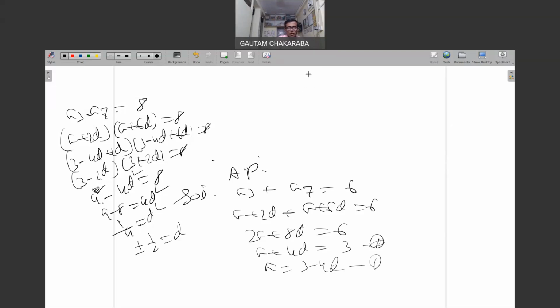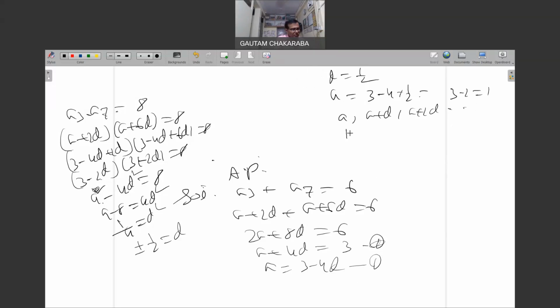Okay. Now case 1, when D is equal to positive half, put in the equation: A is equal to 3 minus 4 into half. So 3 minus 2 is 1. So the sequence is A, A plus D, A plus 2D, and so on.